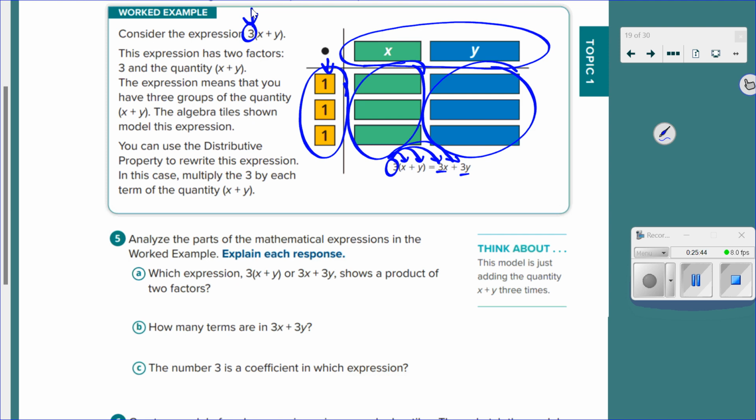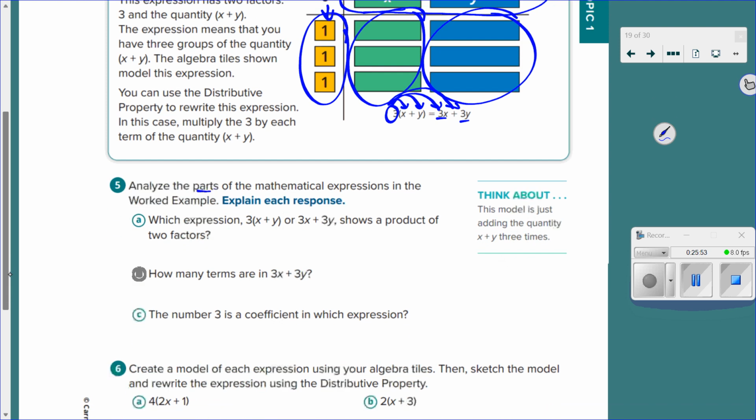So if I analyze the parts of the mathematical expressions of the worked example, what do we see? Which expression, number 1 or number 2, shows a product of 2 factors? How many think number 1 shows a product of 2 factors? Raise your hand. Nobody? Good. How many think number 2 shows a product of 2 factors? Raise your hand. Okay, almost everybody did on the second one. What does product mean?